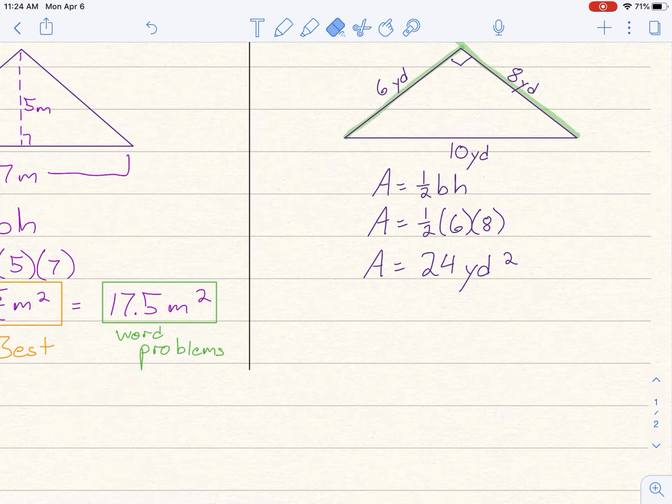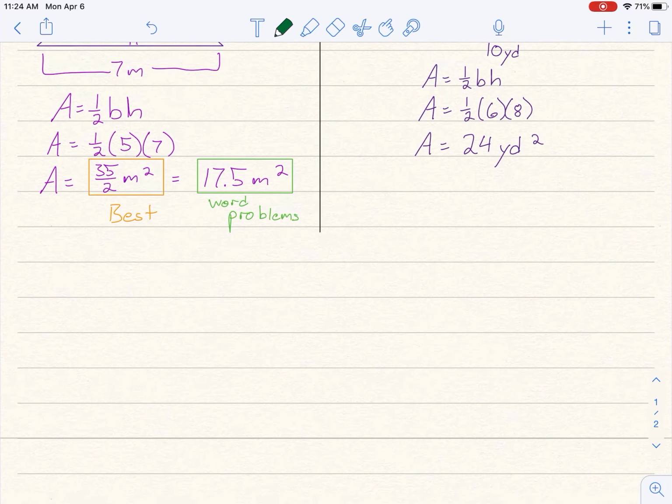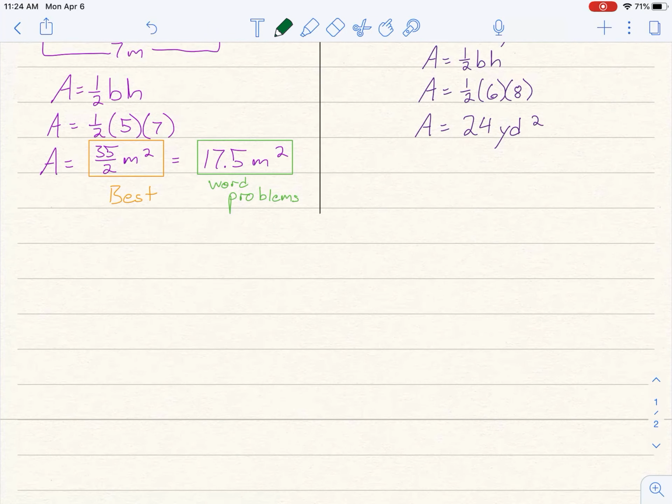I'm going to add one more example that adds a little bit more depth to this, and more so the solving of the algebra piece. So find the length of the base of the triangle.